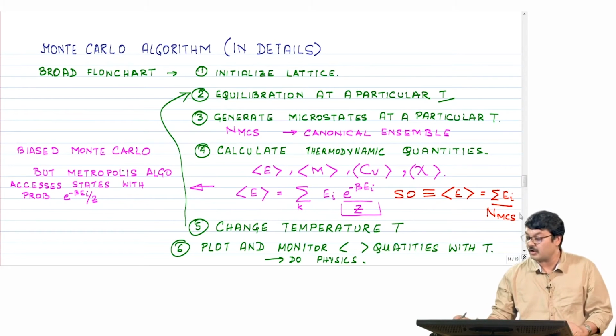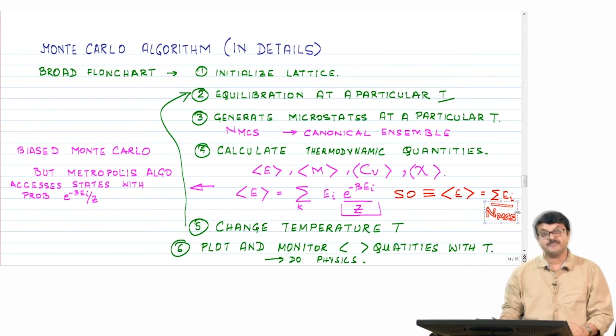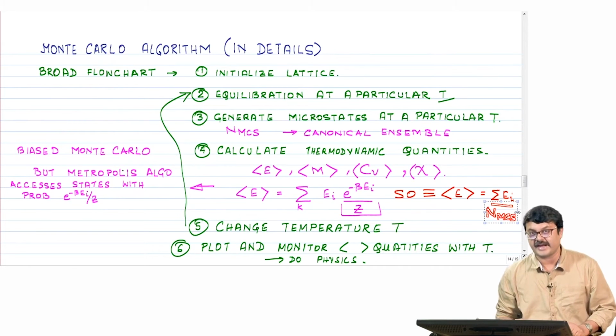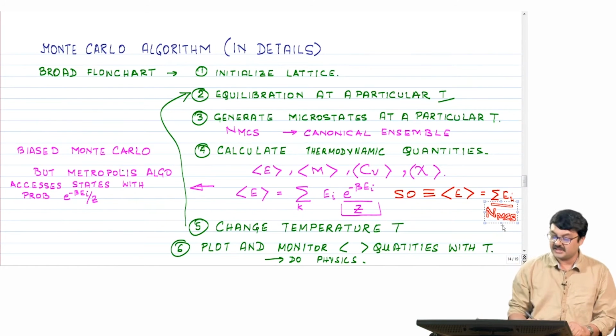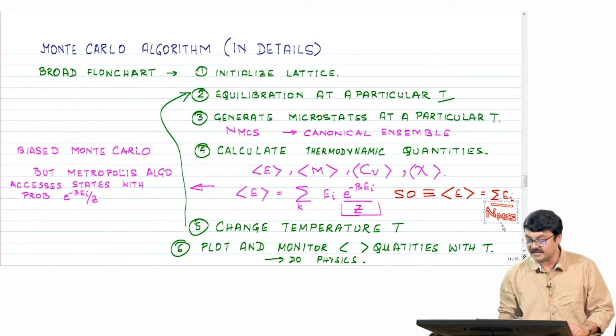You can control how many iterations you want to give for the system to remain at that temperature, that is, how many microstates you want to generate at a particular temperature. How this is chosen, we shall discuss later.